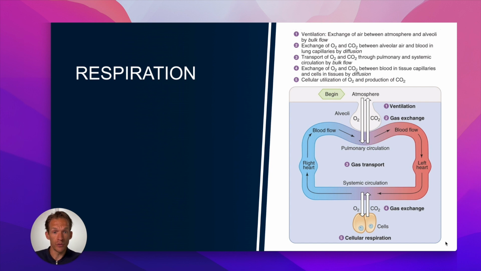In this video, we're going to cover steps 2, 3, and 4 of the entire respiratory process, because we're looking at how O2 and CO2 can get into the bloodstream, be transported through the bloodstream, and also be released and taken up again at the site of the tissues. So between the tissues, usually the active muscles, and the blood.